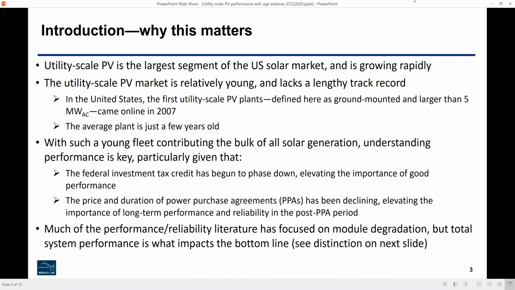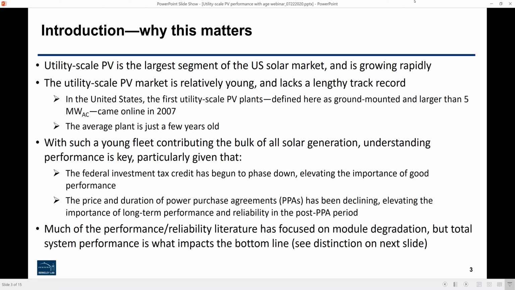And this combination of a young market supplying the bulk of solar energy in the U.S. makes understanding how these projects are performing paramount. This is particularly true given the ongoing phase down of the federal investment tax credit, which elevates the importance of solid performance in order to meet return targets. And likewise, as both the price and duration of power purchase agreements, or PPAs, continue to decline, there is increasing focus on long-term performance and reliability during the post-PPA period.